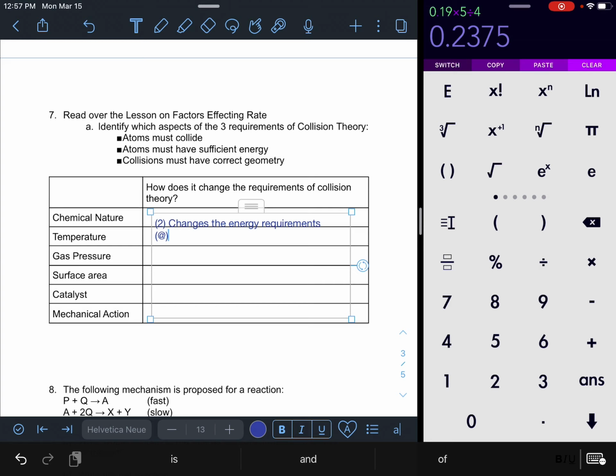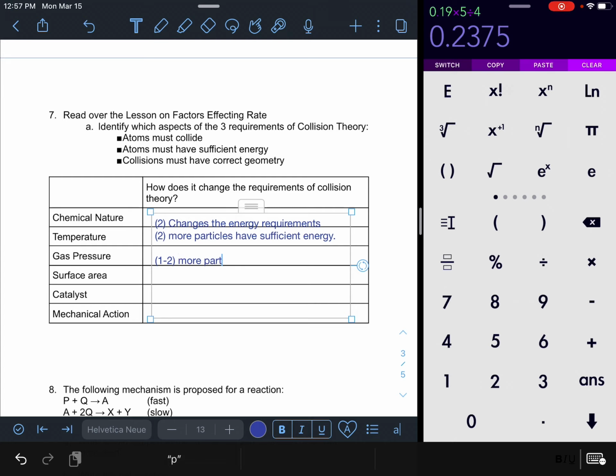Temperature, more particles have sufficient energy. Okay, gas pressure. This is sort of 1 and 2.